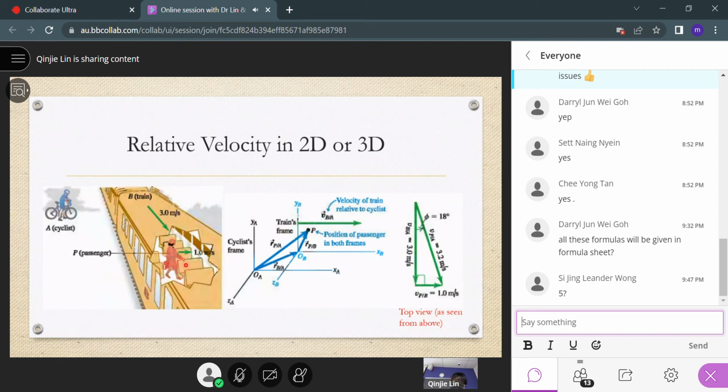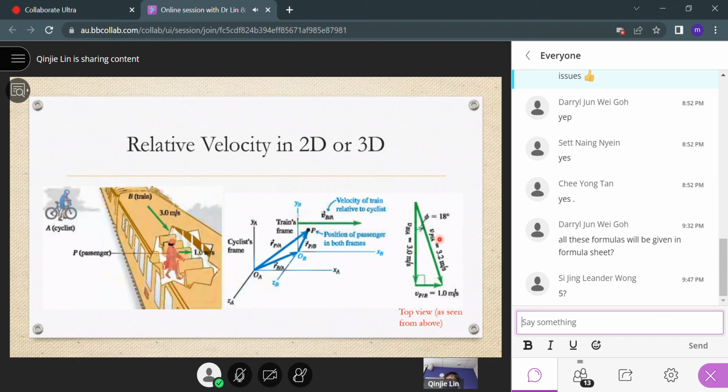This is a vector and this is also a vector. We imagine this coming down one is the VBA, that means the train relative to the cyclist is moving down 3 meters per second. And the passenger relative to the train, she thinks she's going to the right, relative to the train, she's going to the right at 1 meter per second.